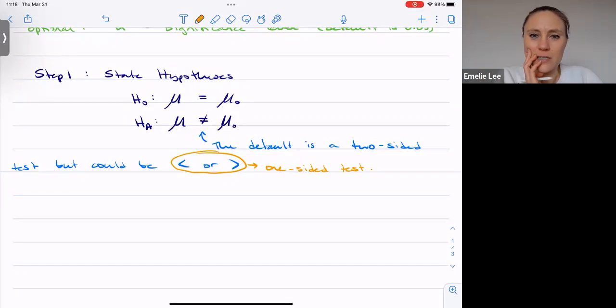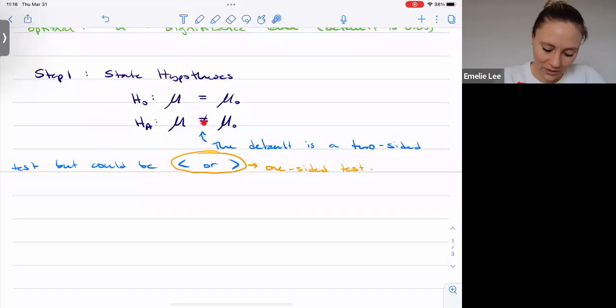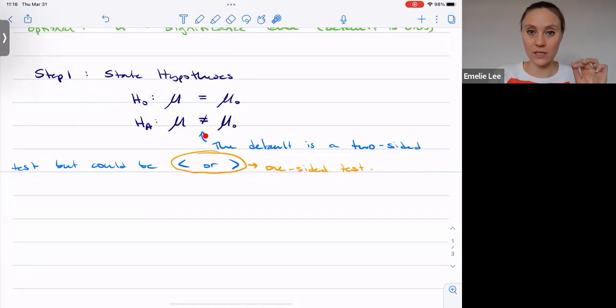How is that reflected later? That means that if I have a one-sided test, then I'm going to need a one-sided p-value, right? So in step 3, we find our p-value, and that's when we have to go back here and look at the alternative hypothesis and figure out, okay, do I have a one-sided or a two-sided test, right? And that's going to determine whether I need a one-sided p-value or a two-sided p-value, right?